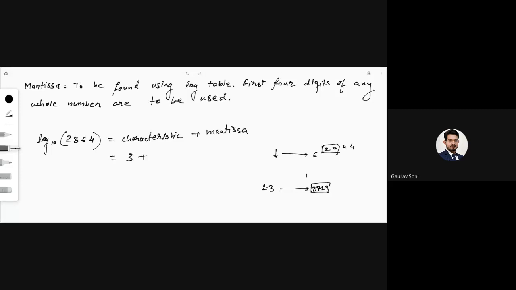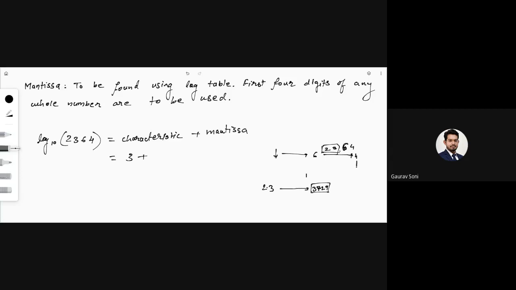Okay. Now, what is our last digit? We have used 2, 3, and then 6. Now I have to use 4. There will be small columns at the far right-hand side, so there you have to look at 4. Whatever is the number corresponding to 4, you have to add it to this number 3729.